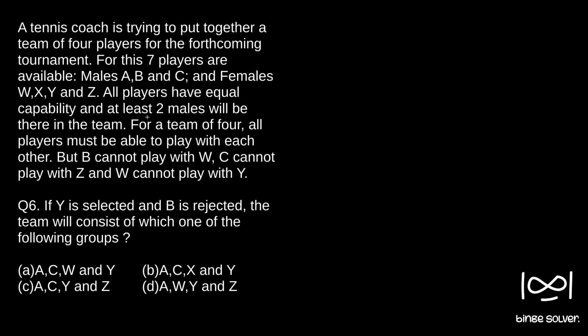So in such a question we'll break down the long sentence into simple ones. All players have equal capability. The important point starts from here. At least 2 males will be there in the team, so we need 2 males. That is the first point.